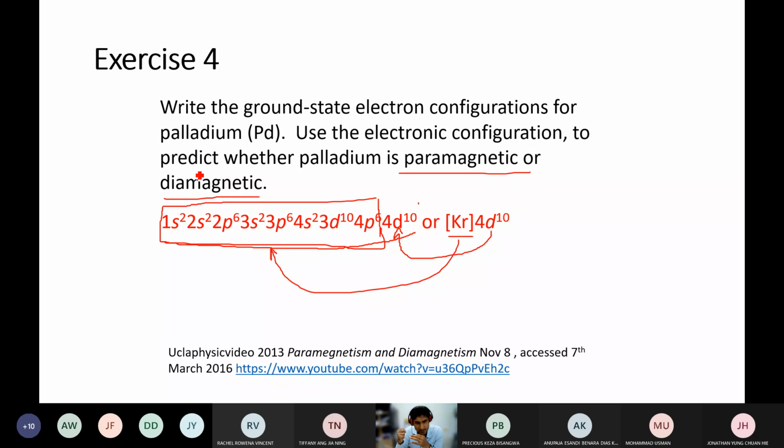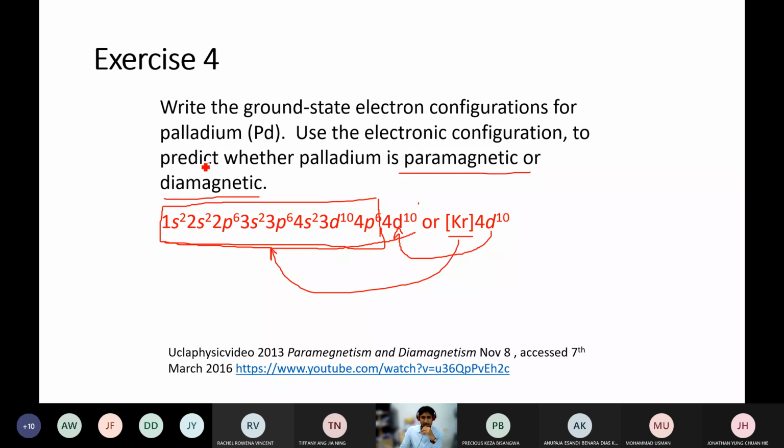Diamagnetic, it will be repelled. If it is diamagnetic, then it will be repelled by an external magnetic field, and if it is paramagnetic, it will be attracted by an external magnetic field.